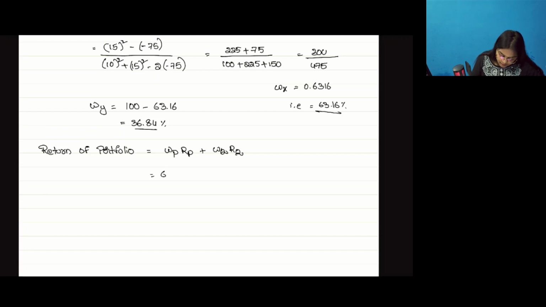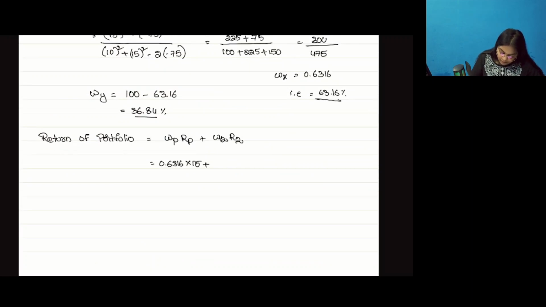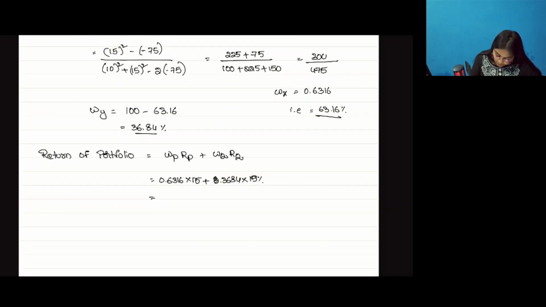So weight of p is 63.16, we can write in decimal format, 0.6316 into return of p, which is 15%, plus 0.3684 into return of q, that is 18, right? 15 into 0.6316 is 9.474, plus 18 into 0.3684 is 6.6312. That is 9.474 plus 6.6312.